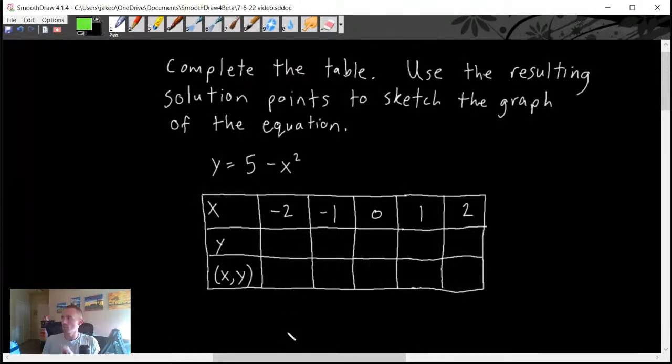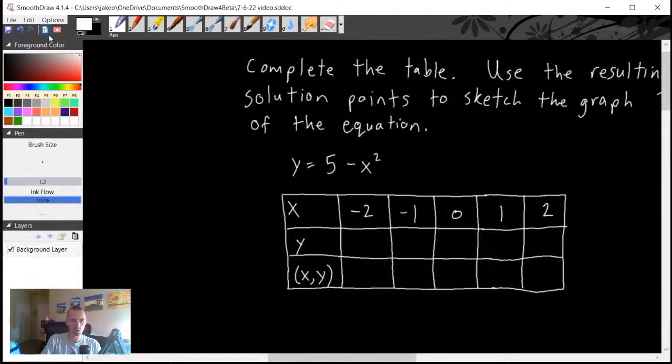All right, so this next question, we're going to complete the table, then use the resulting solution points to sketch the graph of the equation. So our equation in this case is y equals 5 minus x squared. And here's the table we have. We basically just have these different xy points.